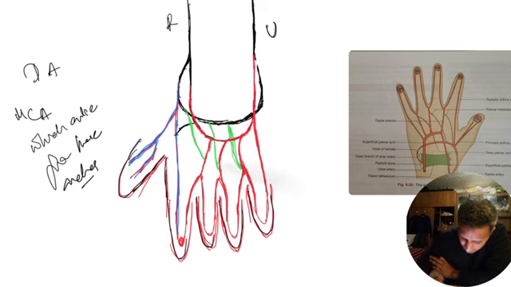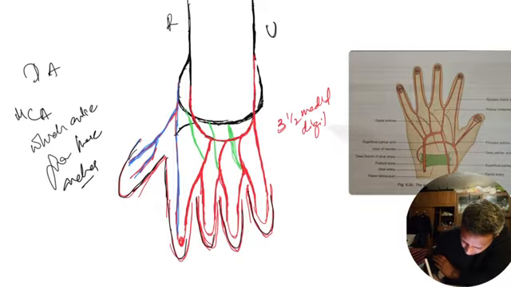So again, I'm highlighting them. Yes, so your superficial arch supplies the three and a half medial digits. So this is 1, this is 2, 3 and a half, and this is the half, right?